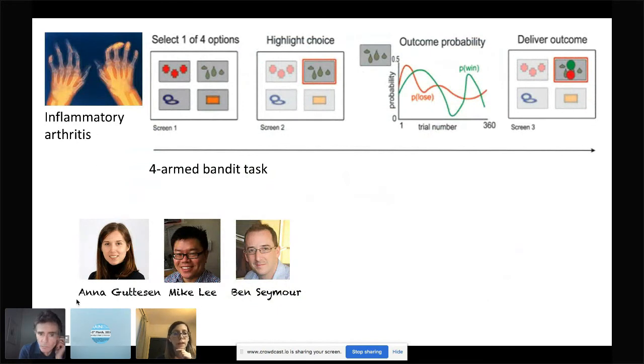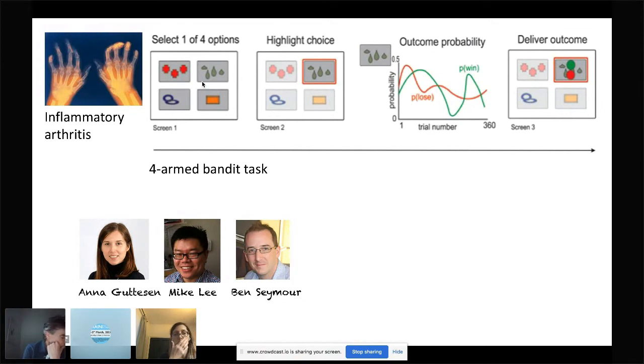This is studied with Ben Seymour, Mike Lee, with a massive amount of help by Anna Gutesen collecting all the data. We used a very standard, very well-established paradigm to test instrumental learning, the 4-arm bandit task.